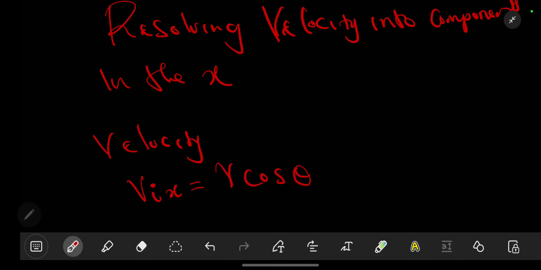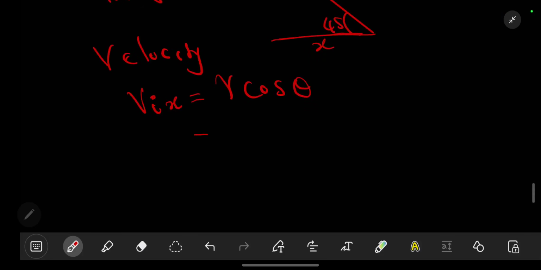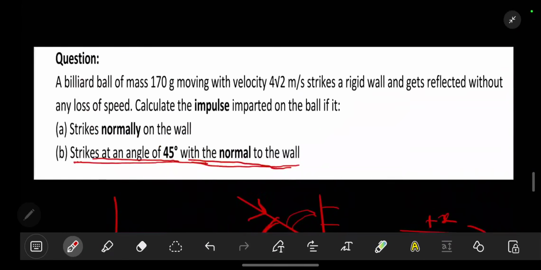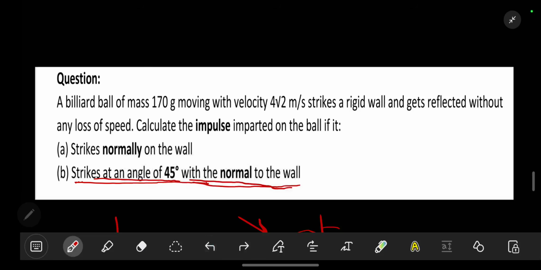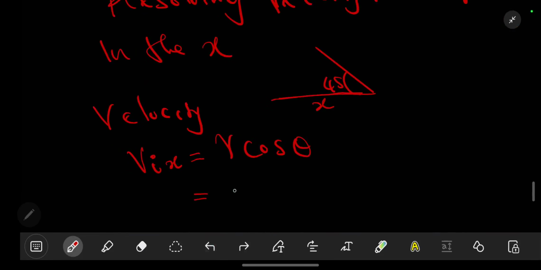Remember, the x component is the cos. If this is 45, x is the adjacent, so x will always be accommodated by cos, if you remember your vectors. Then the velocity is 4 root 3, so we put that 4 root 3 here. So 4 root of 3 times the cos of, what is our theta?